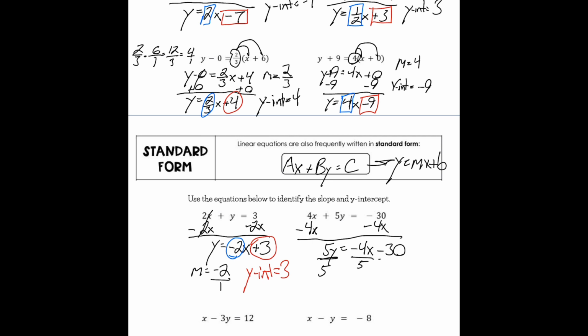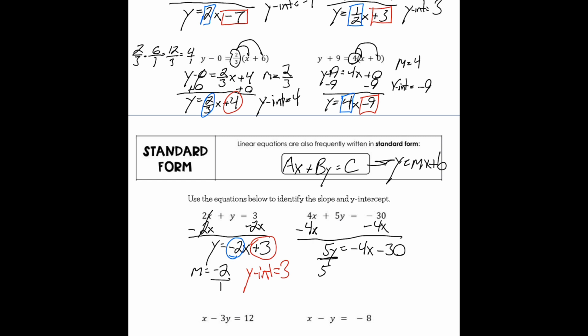Now you can either do it like this, where you have that 5 dividing, right? Negative 4 divided by 5, and then negative 30 divided by 5. You can write it like that, which I think is helpful for some people. Or if you don't like that, you can put one big long division line and put your 5 underneath. Either way is okay. Either way is correct.